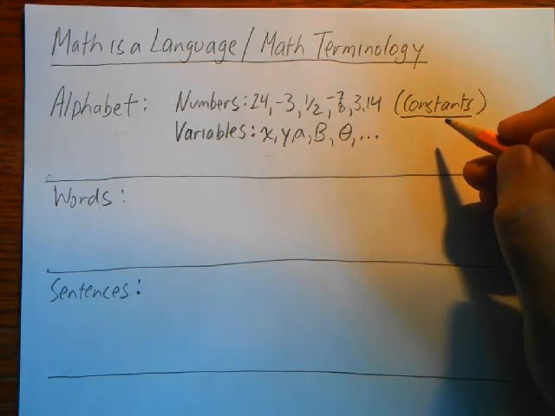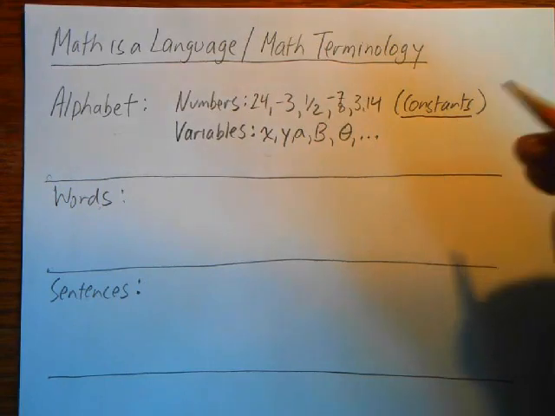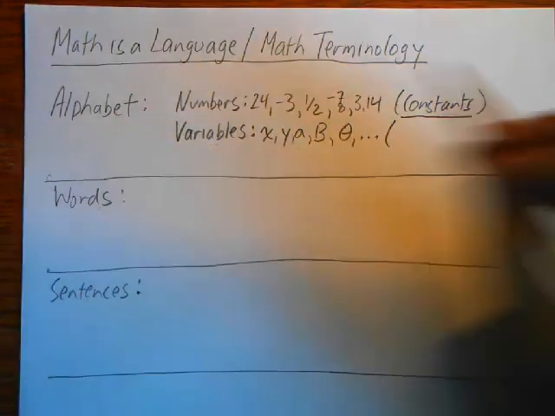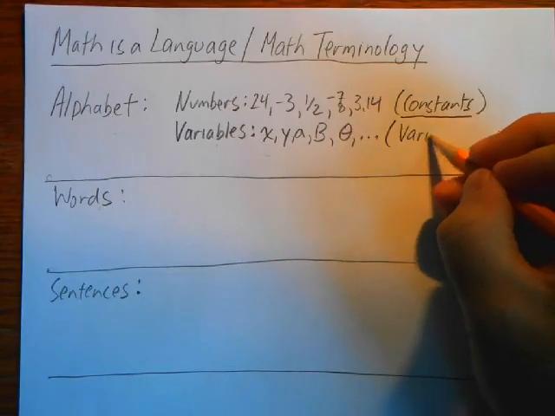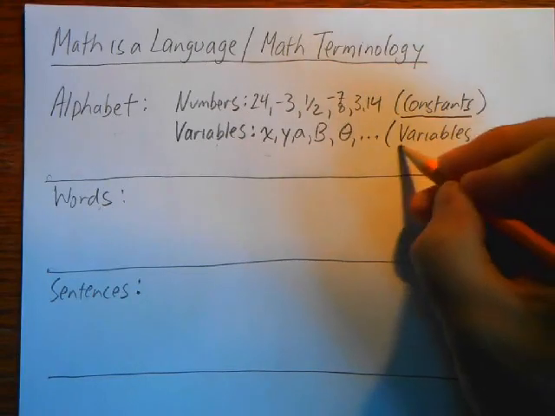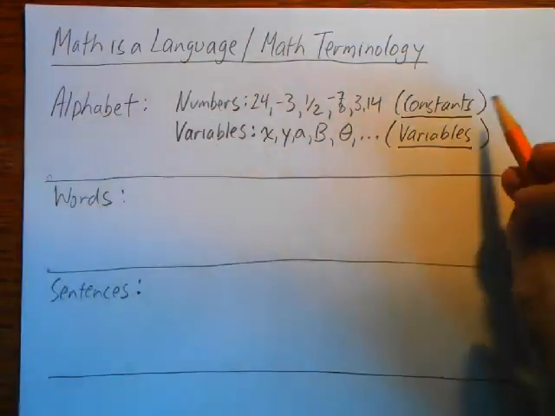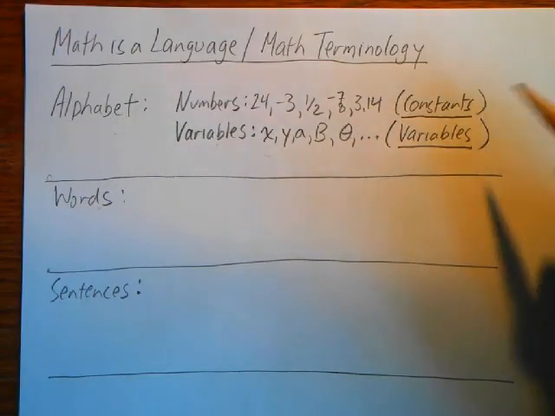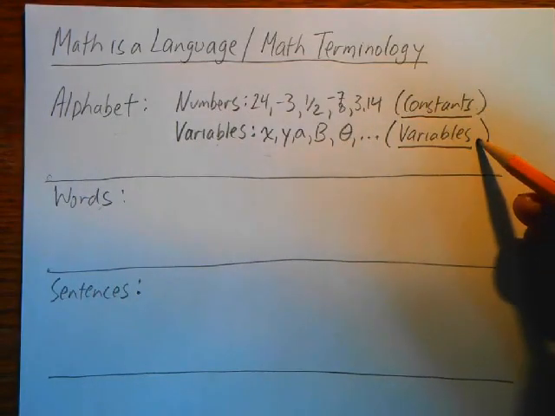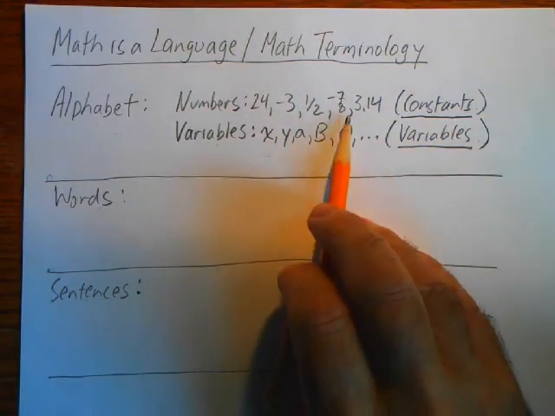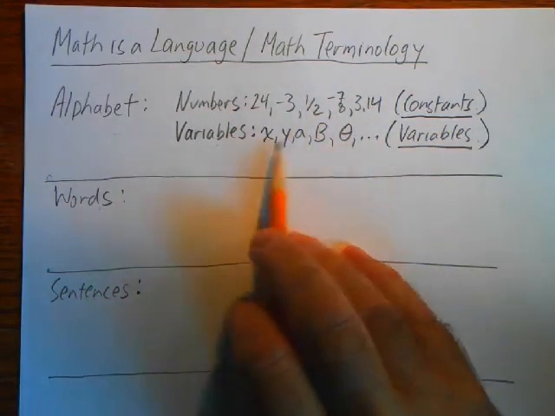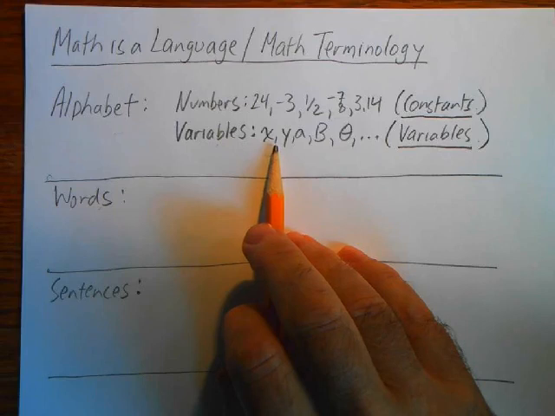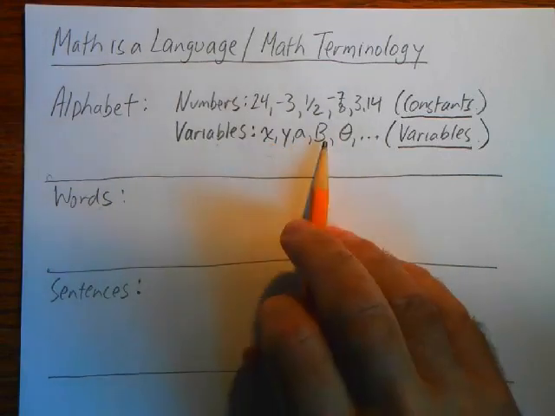It could be a question mark sometimes. So, like I've written here already, we call those variables. So the alphabet in math is composed of constants, which don't change, and variables which do change, and represented through the number systems and through the alphabet letters, amongst other things.